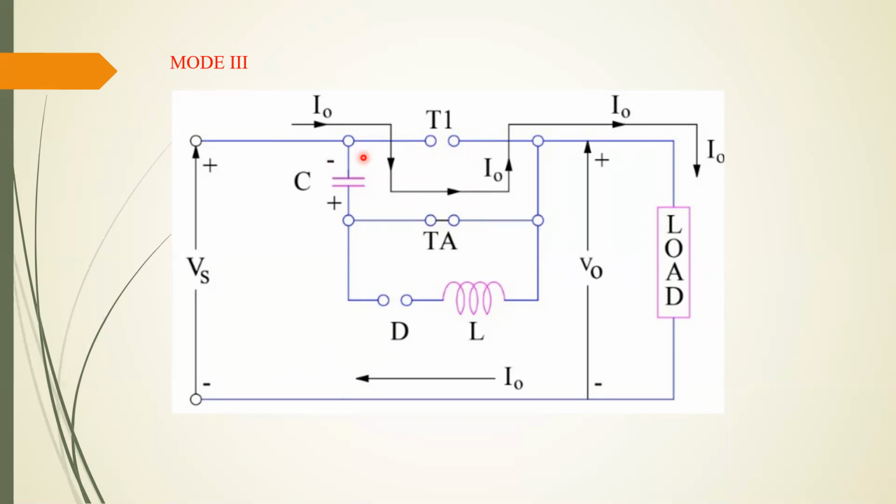Now the capacitor starts charging. The main current I0 flows through TA. Only one current is flowing through the circuit: Vs plus to TA, TA to load, load to Vs minus.